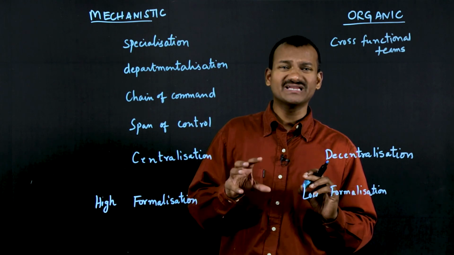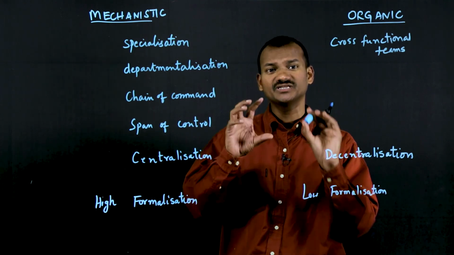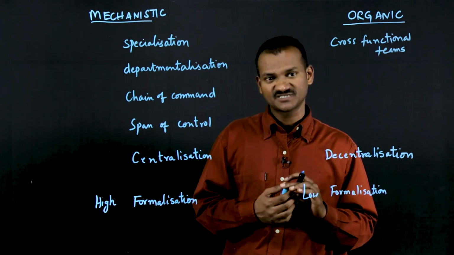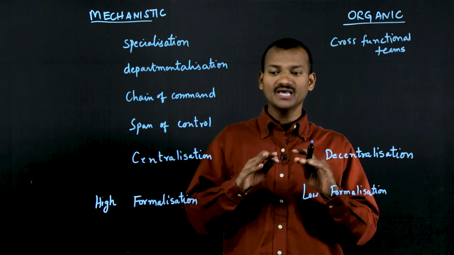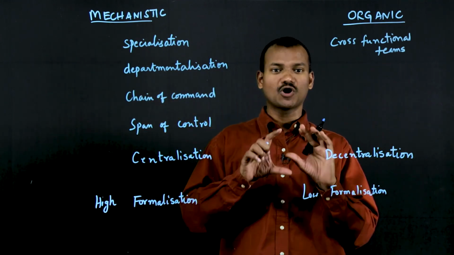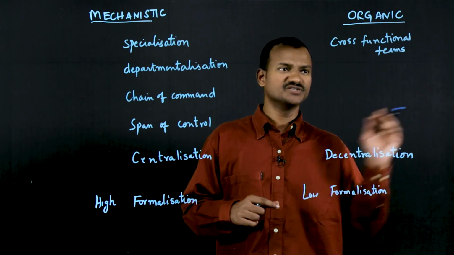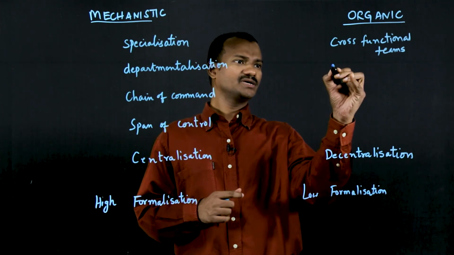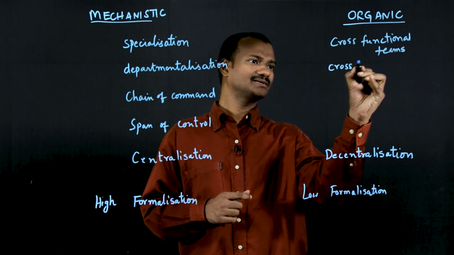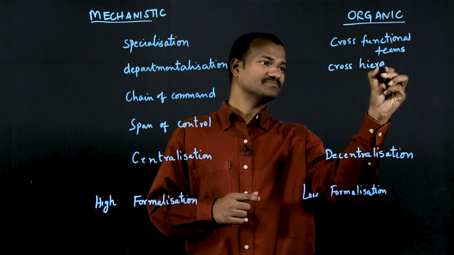He also talked about creative friction and encouraging conflicting perspectives, which led to the formation of the product called the Harley-Davidson motorbike and its different versions. So here you have cross-functional and cross-hierarchical teams.